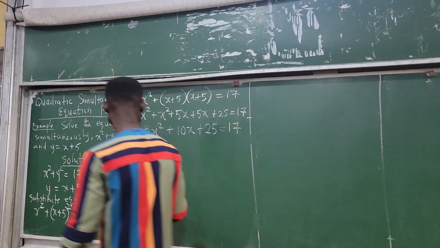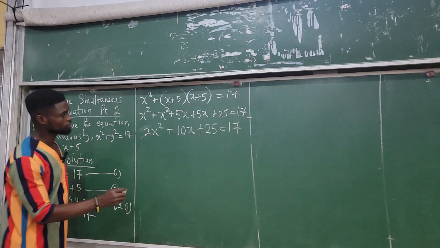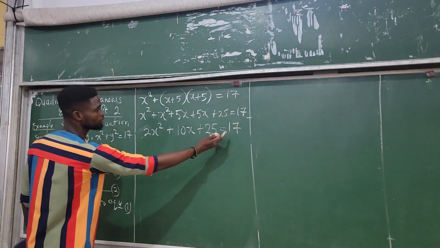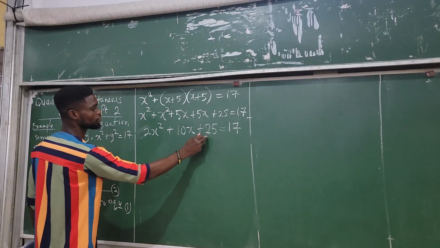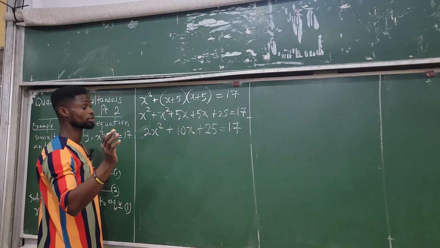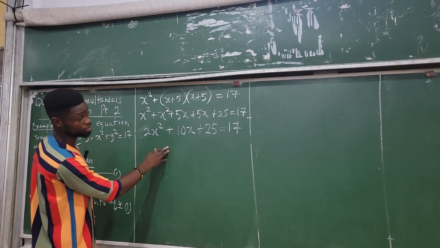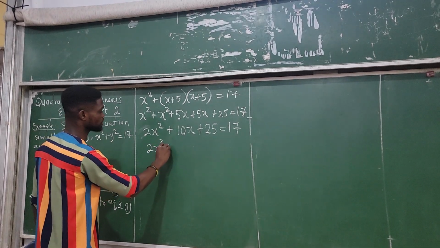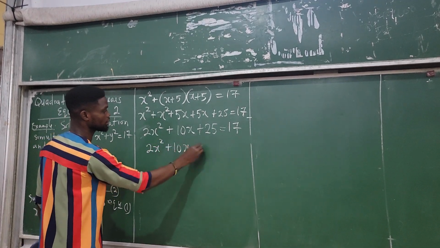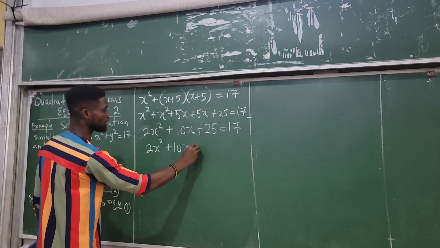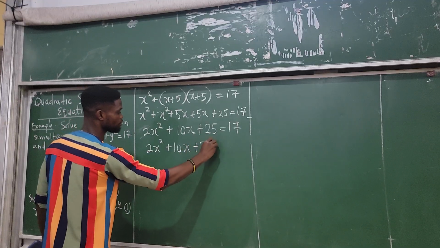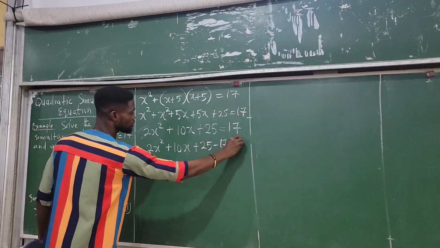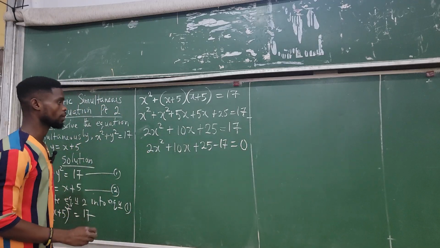So we have moving this 17 to join this 25, because we want to balance the equation to turn to quadratic equation, because it's almost looking like quadratic equation. So we have 2x square plus 10x, taking this to meet this one, plus 25 minus 17 is equal to 0.